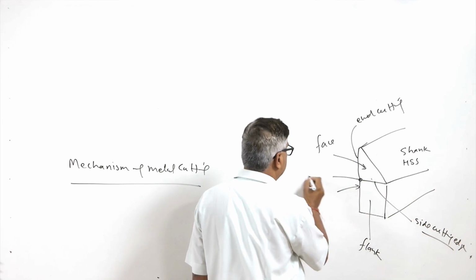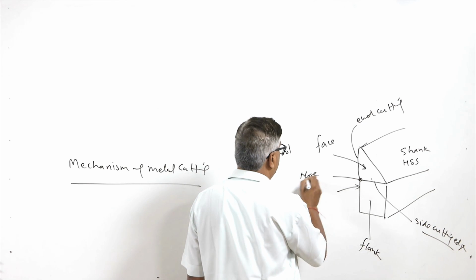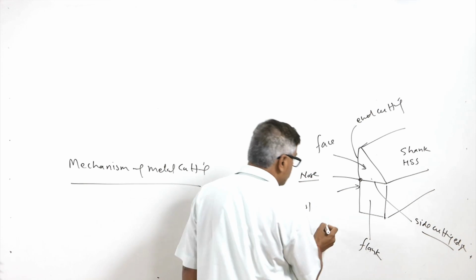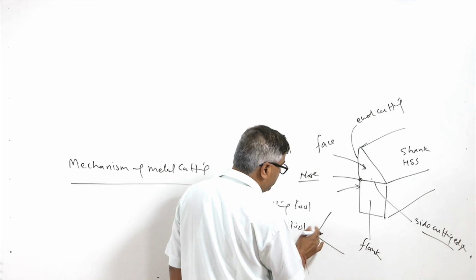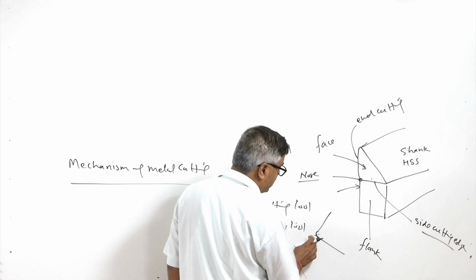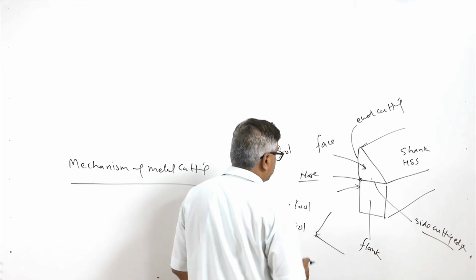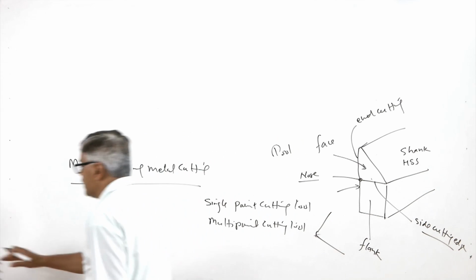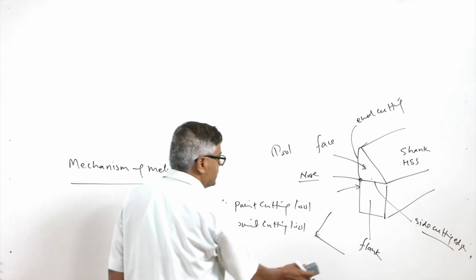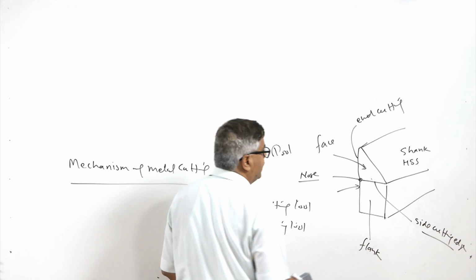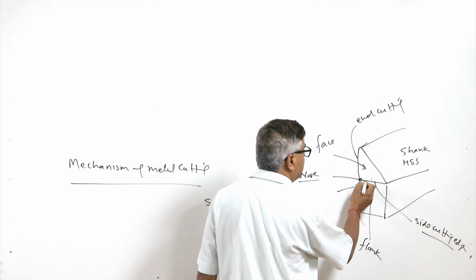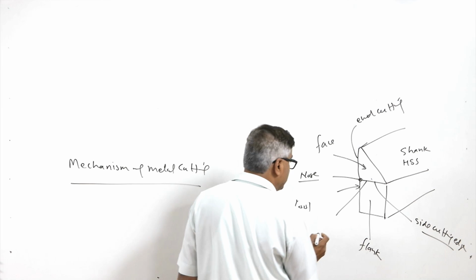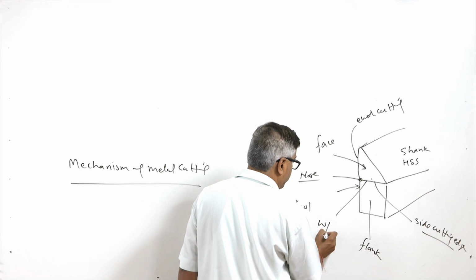This is called the nose of the tool, and the nose of the tool is not pointed, but some kind of radius is given, so that it gets the desired strength. The radius given to the nose is termed as nose radius, and the side cutting edge is mostly the cutting edge which interacts with the workpiece.